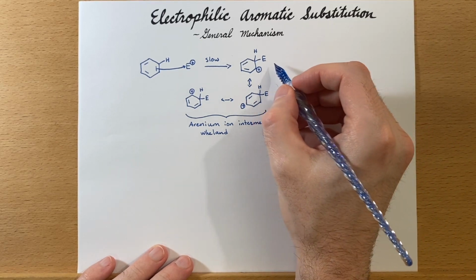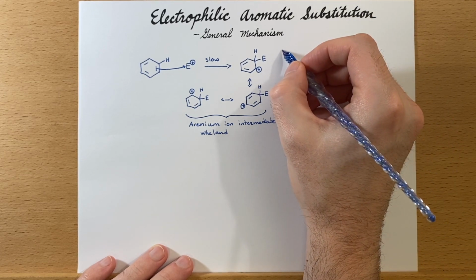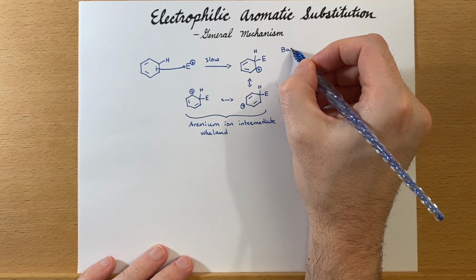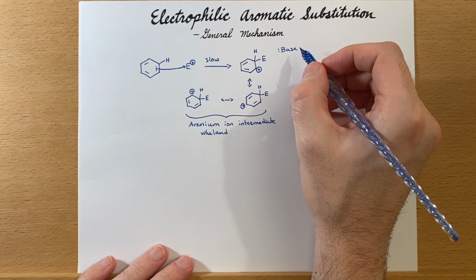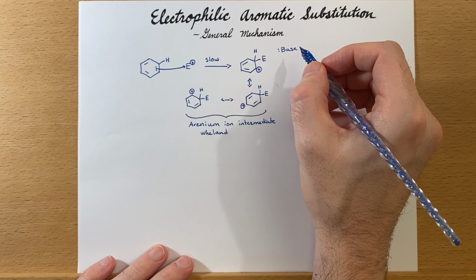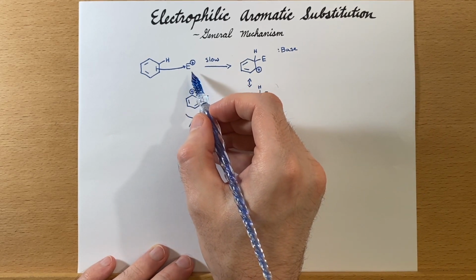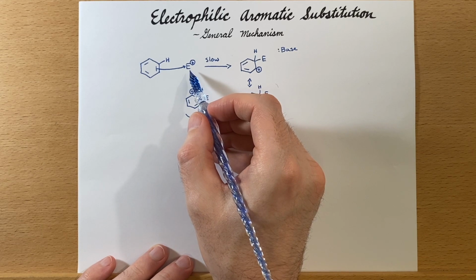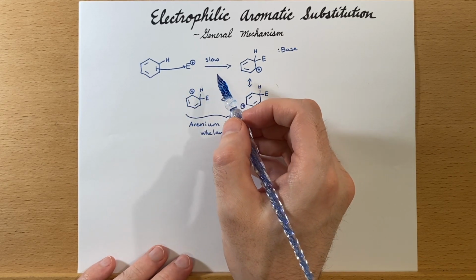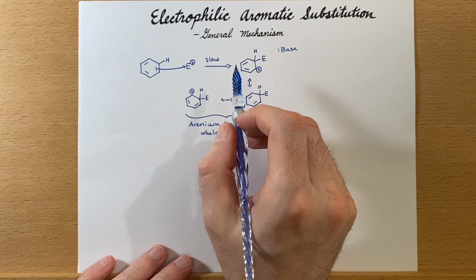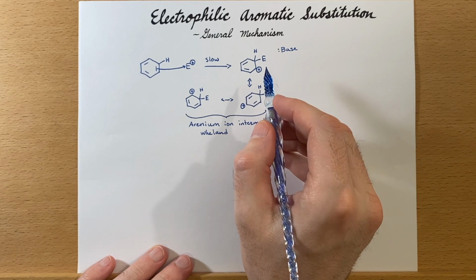Okay, so let's go back up to our mechanism and come back at this. So we'll need a base, and this is not going to be a particularly strong base because we're going to have an electrophile in here, and electrophiles are also acids. And so we can't have a very strong base inside of this reaction mixture for this to happen.